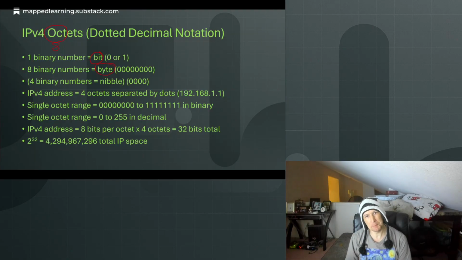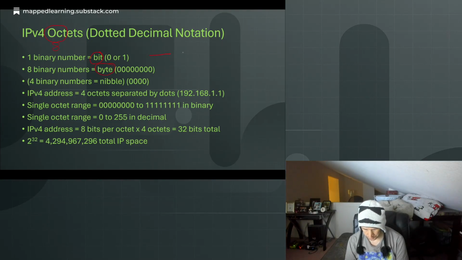So an IPv4 address has 4 octets, so 1, 2, 3, 4, separated by dots. 1, 2, 3. So 4 spaces for numbers separated by dots.